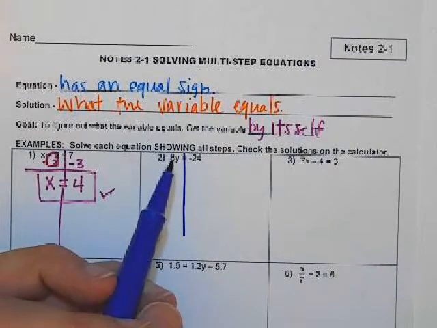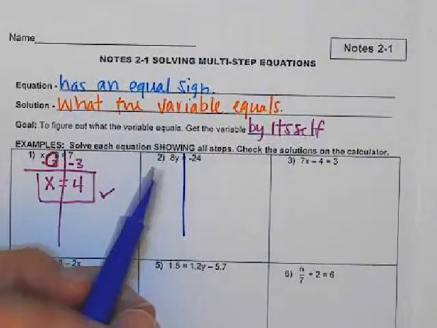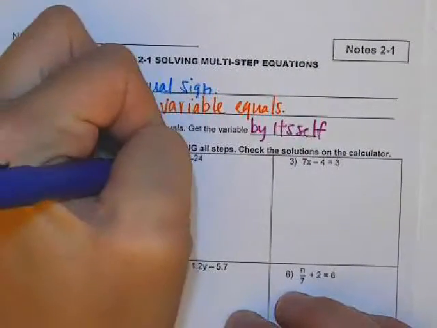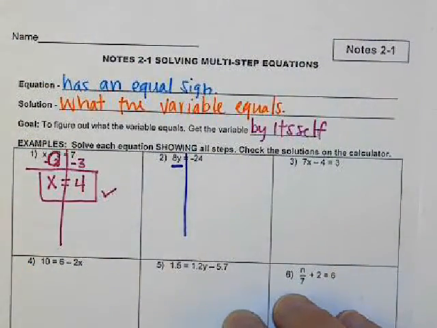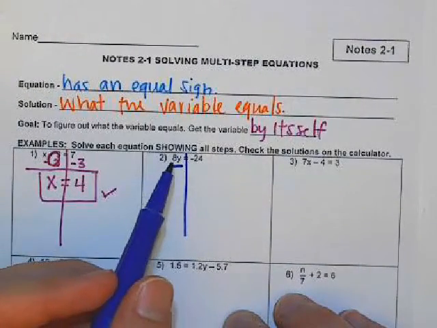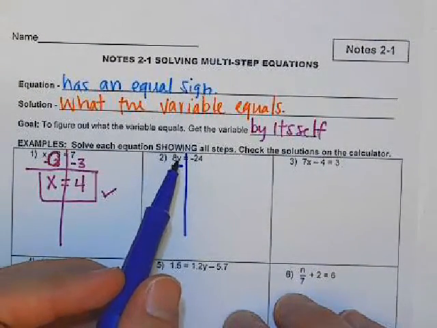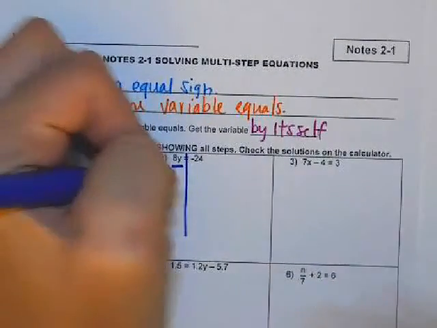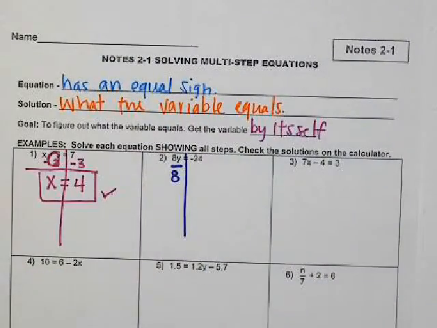What's the opposite of multiplication? Dividing. You draw division, a fraction bar. So I'm going to draw a fraction bar. And what am I going to divide by? What's being multiplied? 8 is being multiplied. What am I going to divide by? 8.